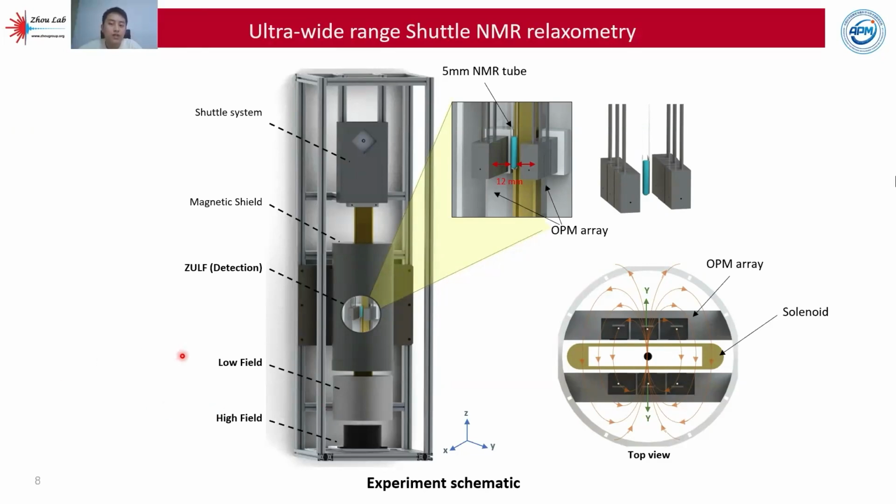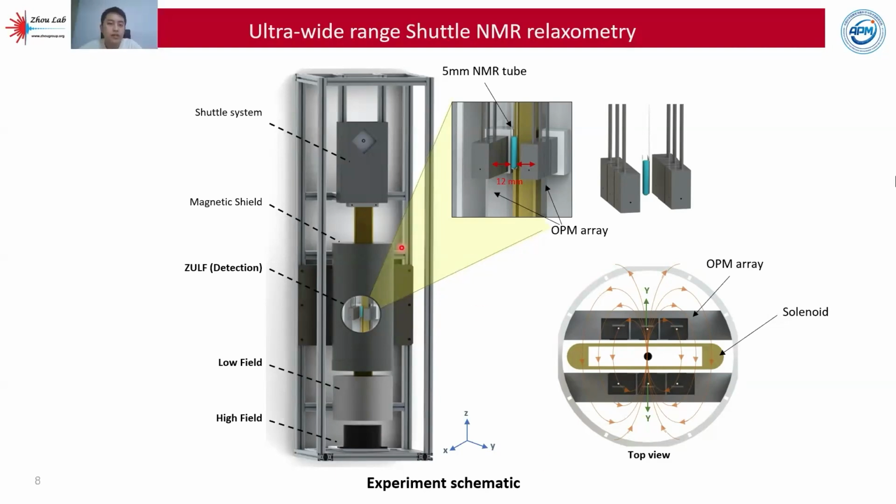And the zero to ultra-low field is provided by a magnetic shield. And there is a shuttle system driven by a servo motor. It enables the sample to stay in different magnetic field regions and relax.